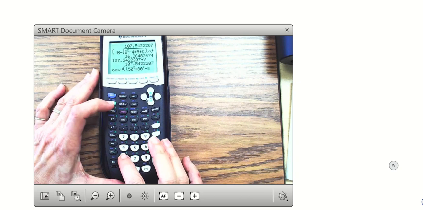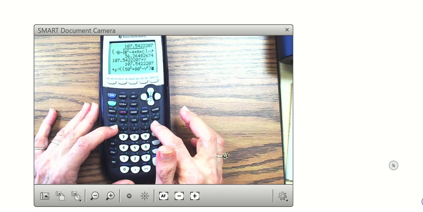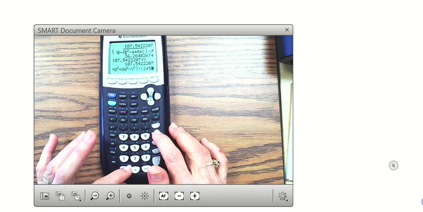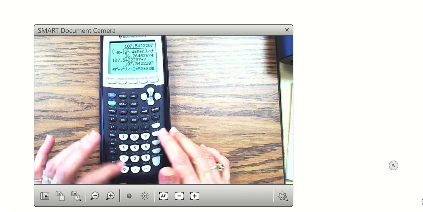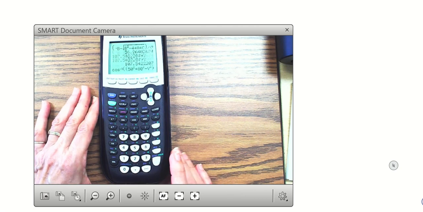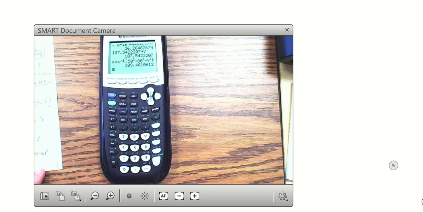So I'm going to pick up that y, y squared, close the parentheses, divided by open parentheses for my denominator, 2 times 50 times 80, close parentheses for inverse cosine, and I get 109.461, which would be my measure of angle y.